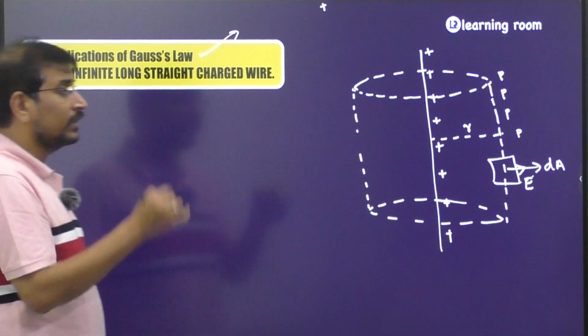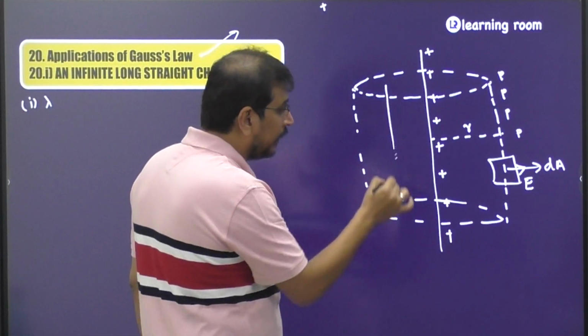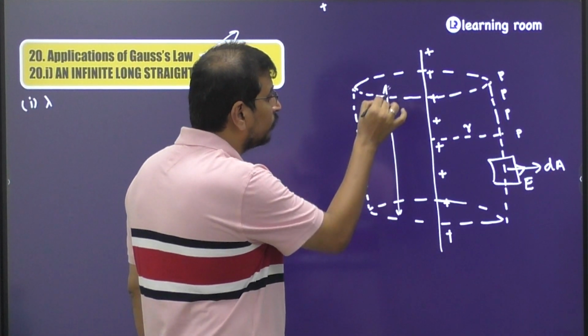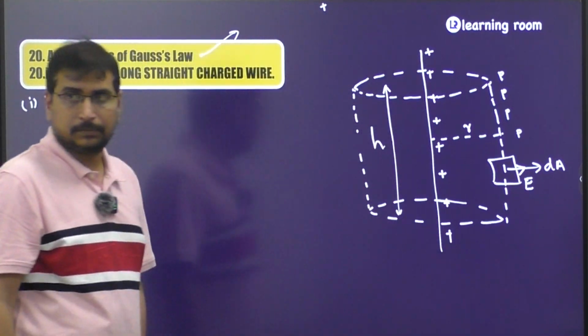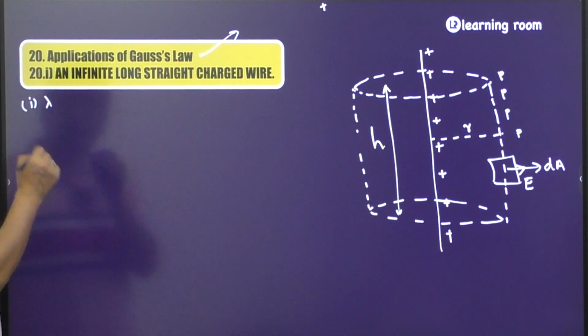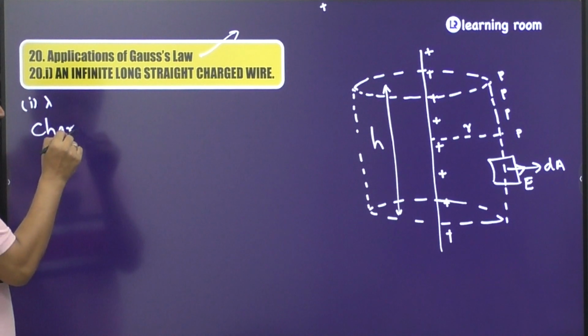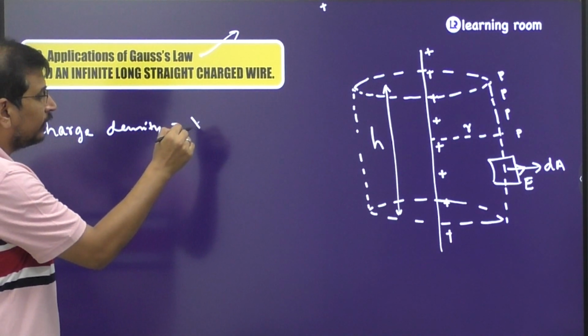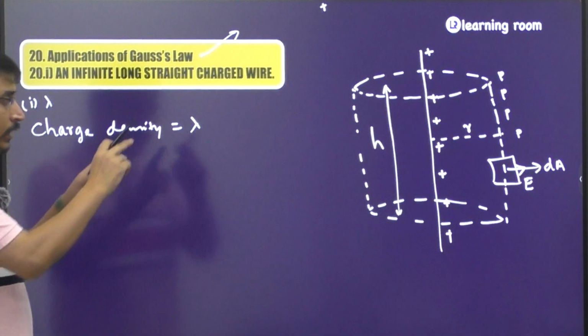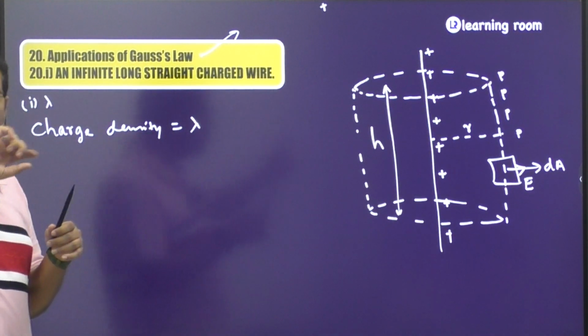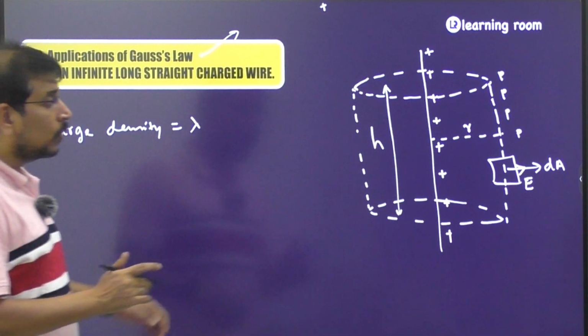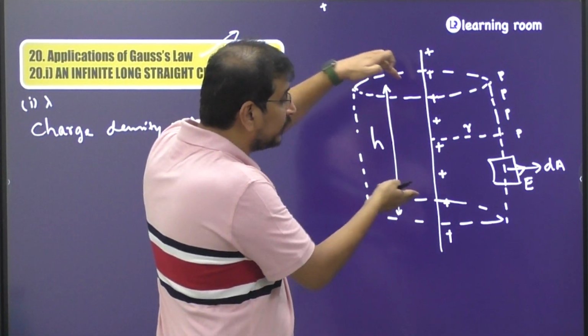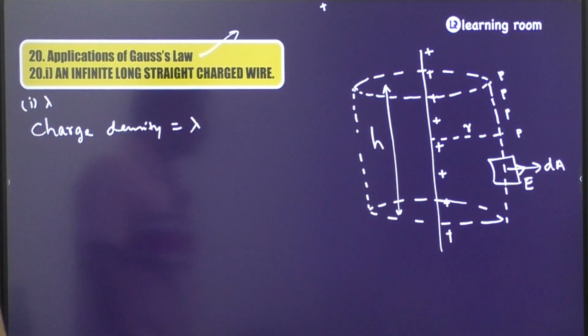Find the total charge that is present. So if I take this height to be h for the time being, what is the charge density? Charge density is lambda, and we know that charge density is the charge per unit length. So what is the total charge enclosed within this Gaussian surface?